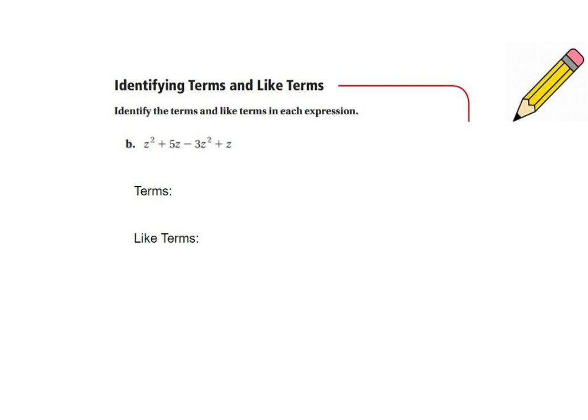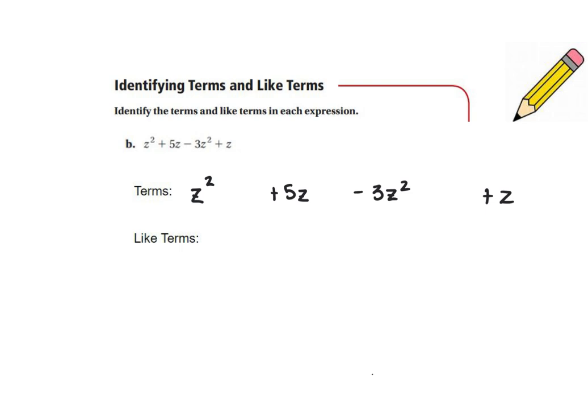In example B, we have the expression z squared plus 5z minus 3z squared plus z. I know right now that I'm going to have 4 different terms. Those terms would be z squared, positive 5z, minus 3z squared, and positive z.